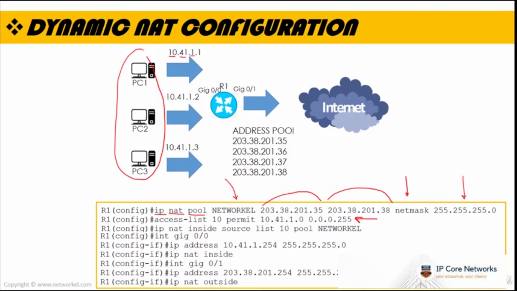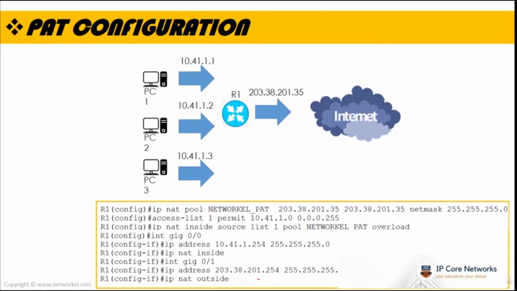Then in the third step, I'm typing ip nat inside source list, the access list number, with pool and our pool's name. Then in the last step, I'm getting into the interfaces gig 0/0 and gig 0/1, and I'm typing the ip nat inside and ip nat outside statements.